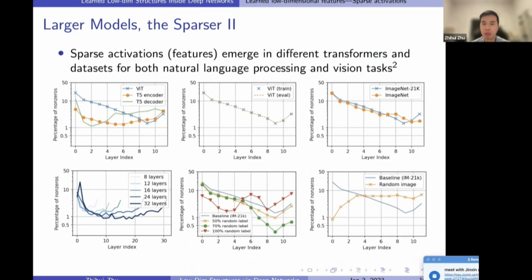It also appears in different datasets, as shown in the top right figures. Also, if we increase the network depth, that is, enlarge the networks, it tends to be sparser, as shown in the bottom left figures. And there are sparse features not only on well-labeled data points but also on mislabeled data points, as in the bottom middle figures, and also on random images, as shown in the bottom right figure.